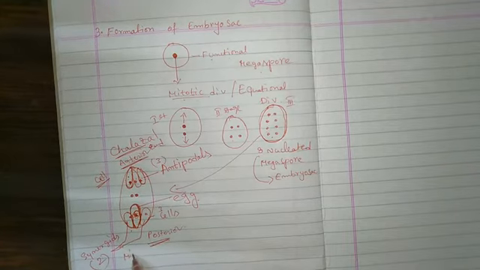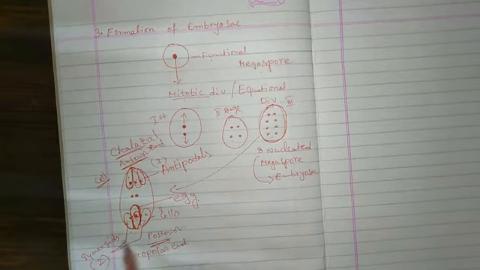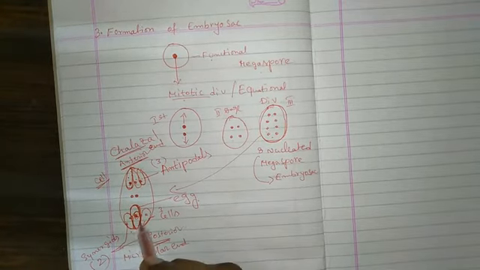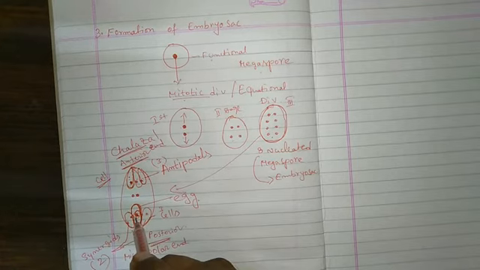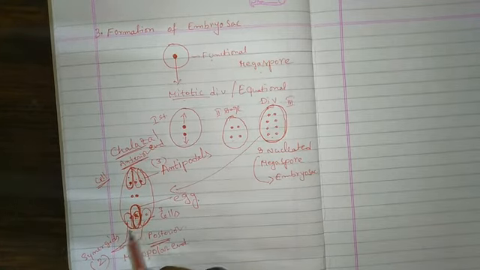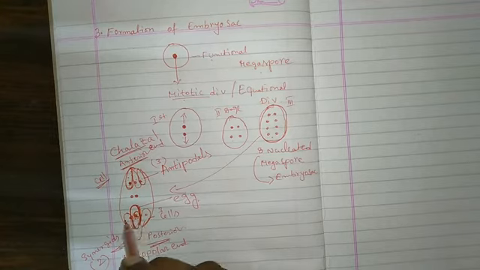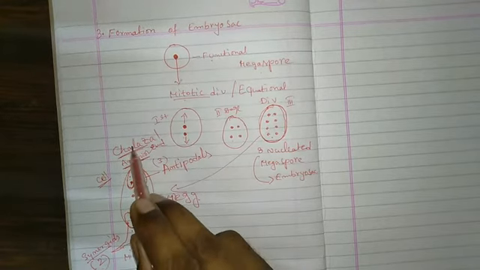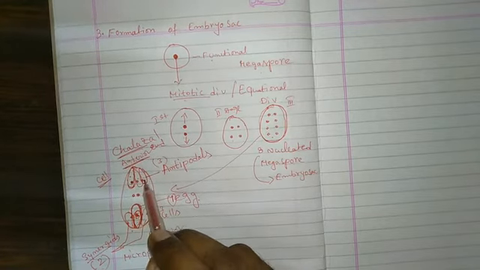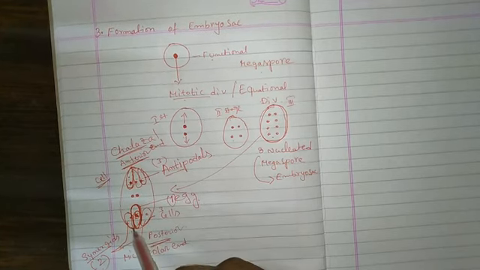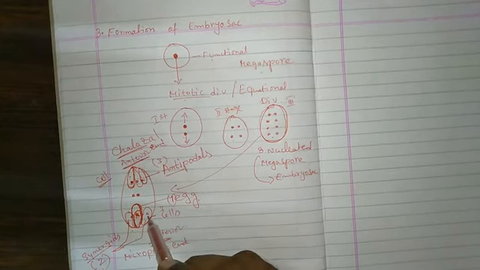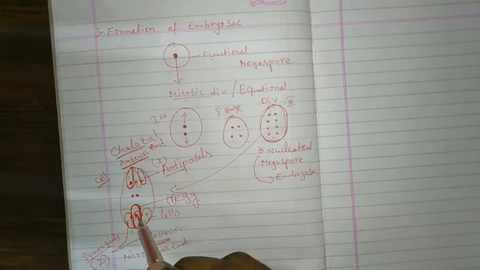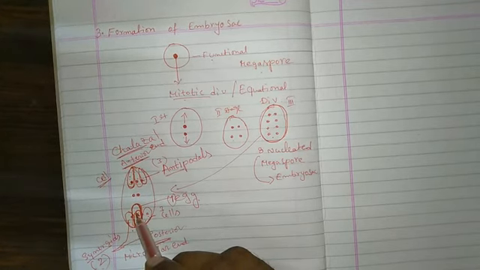Here at the micropylar end, three cells are formed. In the center, the egg is situated, and the remaining two, on both sides of the egg, are called synergids. Two synergids and one egg are present. So at the chalazal end, three cells are present which are called the antipodals, and synergids are present on the posterior side, and also one egg is situated.